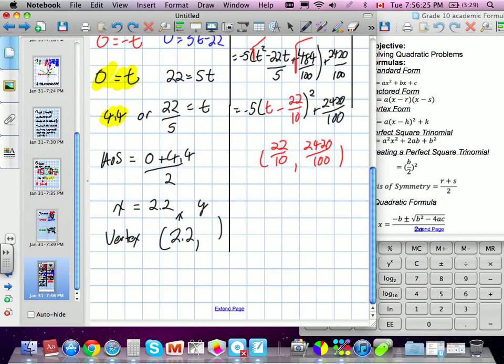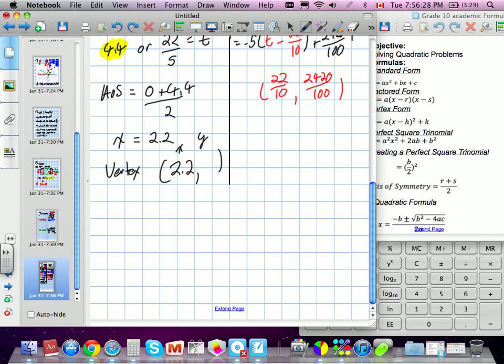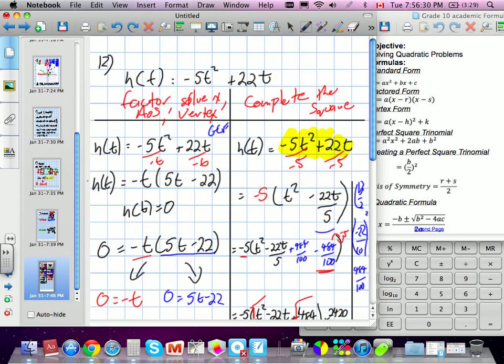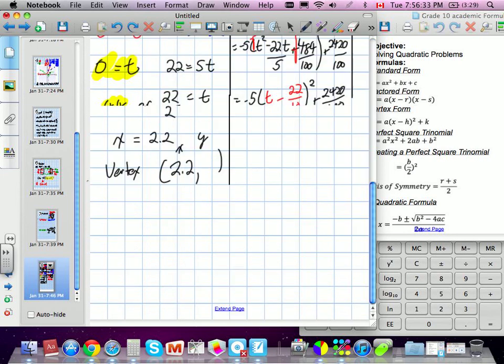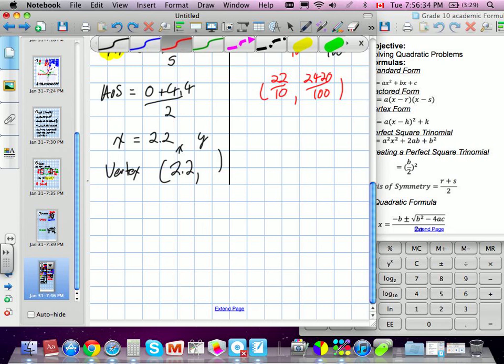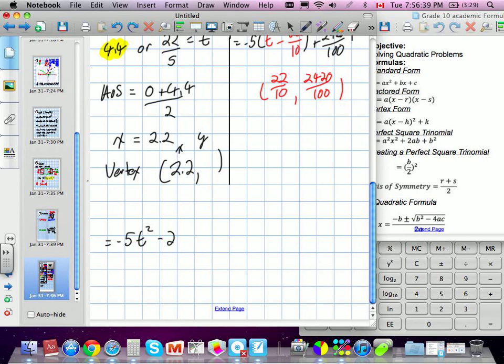Okay, so the original equation, while you're doing that, is negative 5t squared minus 22t. We're going to replace both the t values with 2.2. So negative 5 times 2.2 squared minus 22 times 2.2. That's going to give us 4.84, I think.